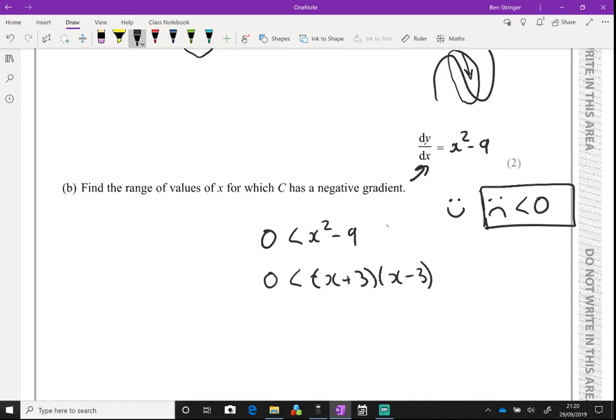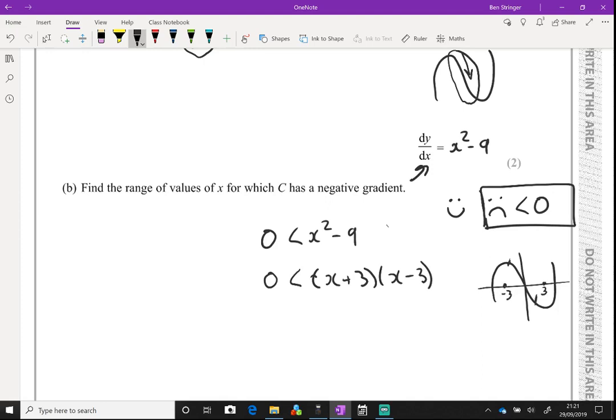So if I was to imagine plotting this, let's do a simple cubic as a quadratic. We want all the values which are greater than 3. So here we've got a cubic, and then we wanted this portion here. Say that's negative 3, so that's positive 3.